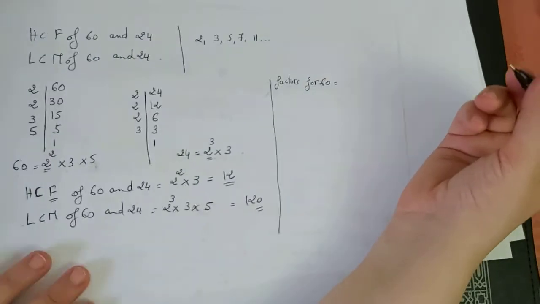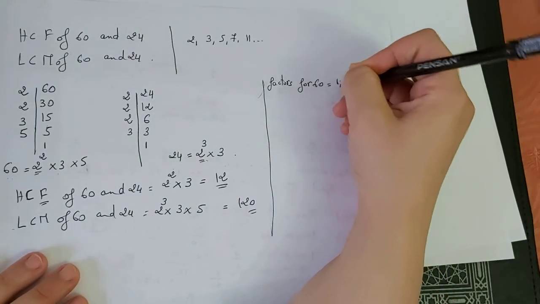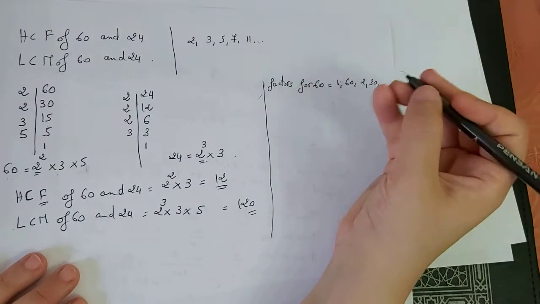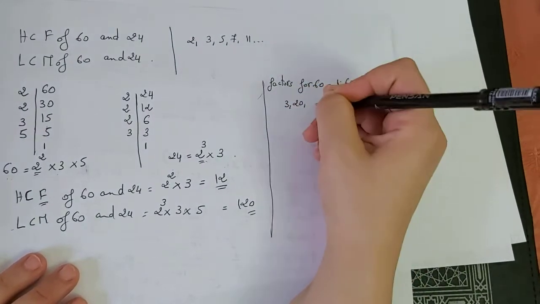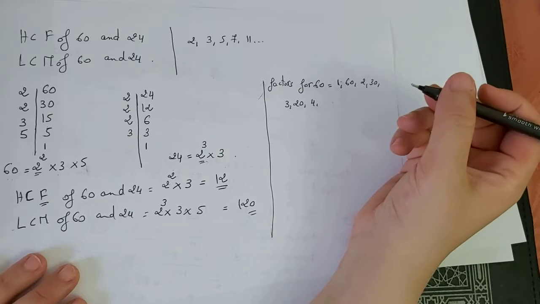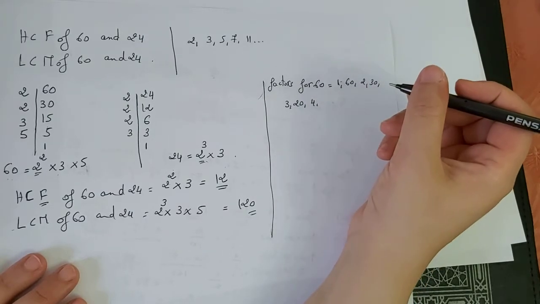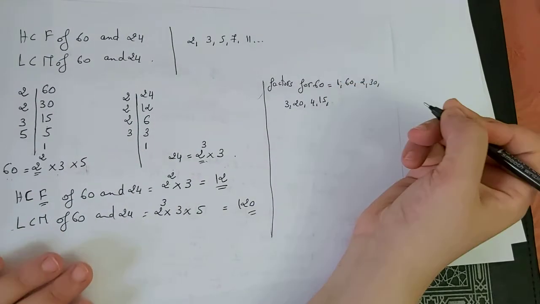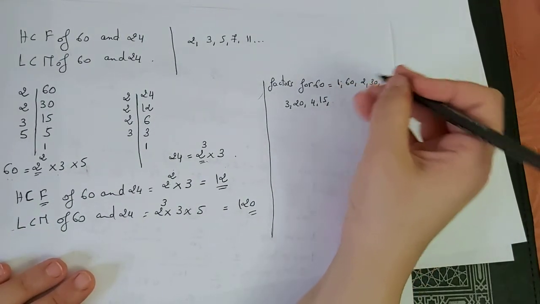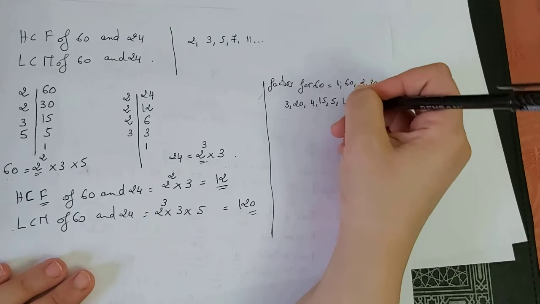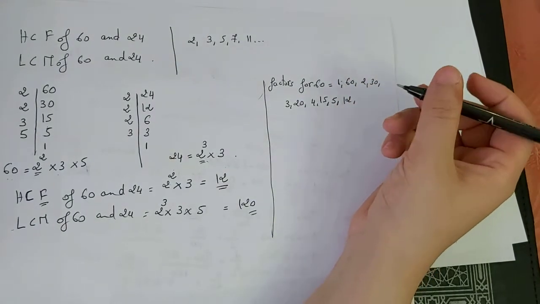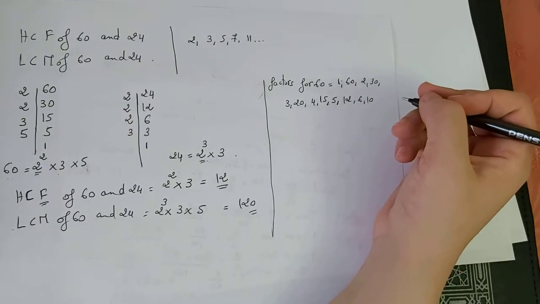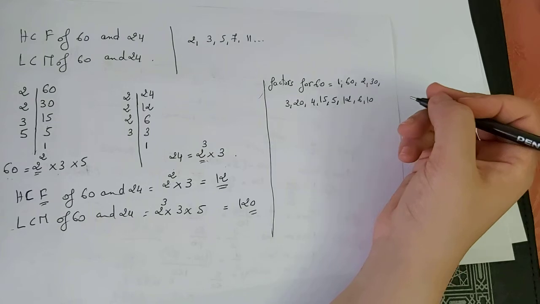So factors of 60, I have 1 and 60, 2 and 30, 3 and 20, 4 and 15, 5 and 12, 6 and 10, and I believe that's it.